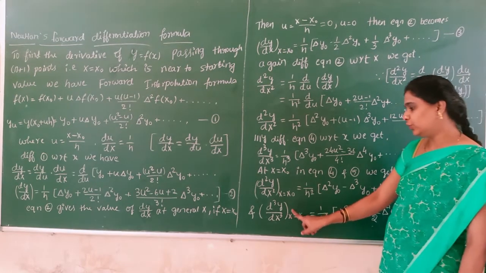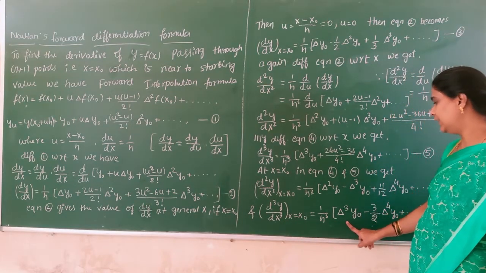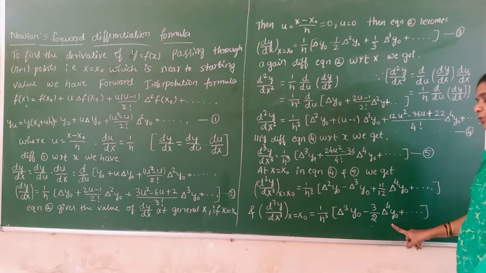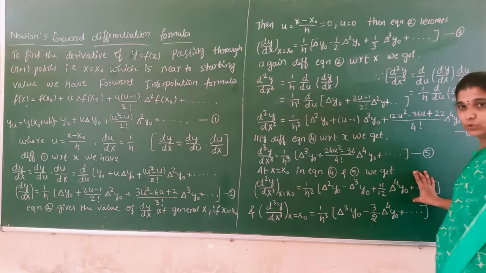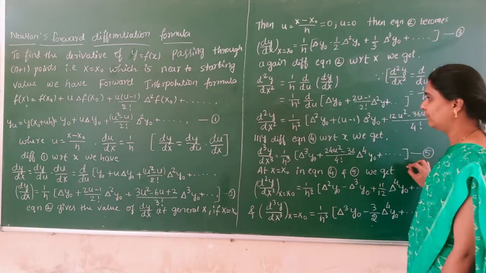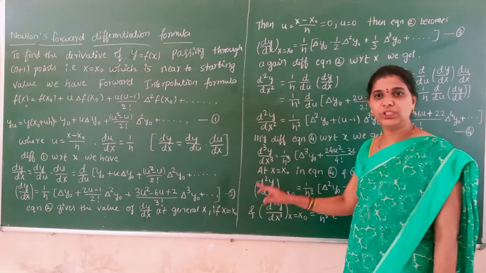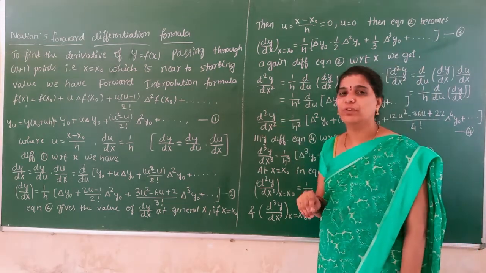Similarly d cube y by dx cube will get 1 by h cube del cube y naught minus 3 by 2 del raised to 4 y naught plus so on. This is when x is equal to x naught, both are same. Otherwise equation 4, 5 as well as equation 2 give the first order, second order, third order derivative of Newton's forward formula.